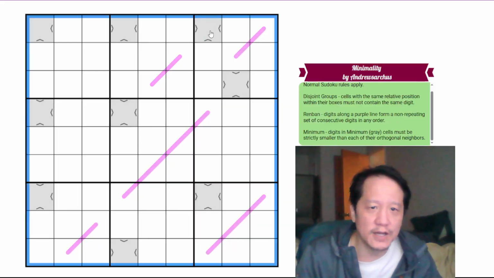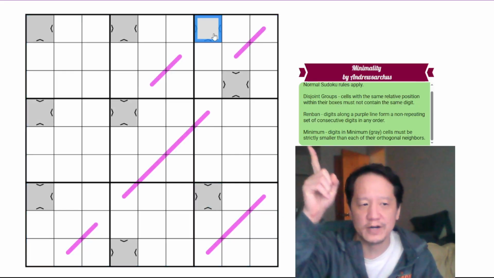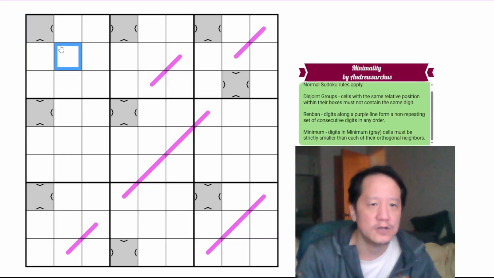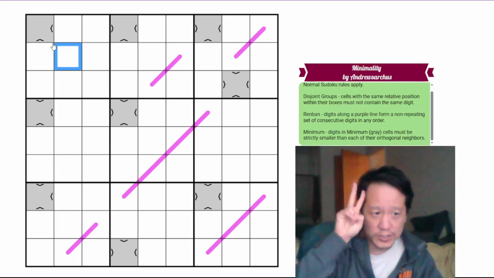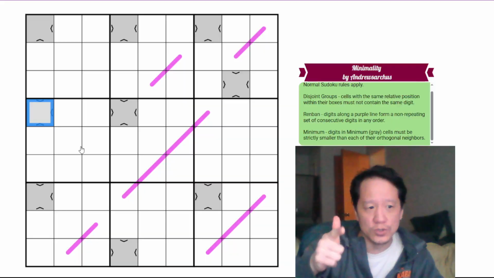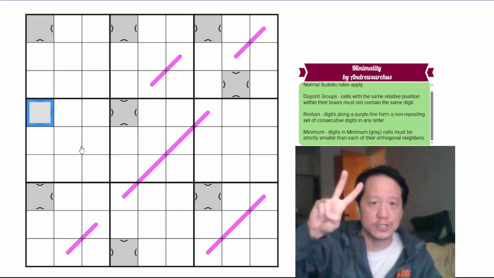Okay, the first thing that comes to me is the upper left-hand corner of each box. 7 of them have minimal rankings, which means they are guaranteed to be less than at least 2 other digits. So since 7 of those are the case, that means the other 2 are too, right?